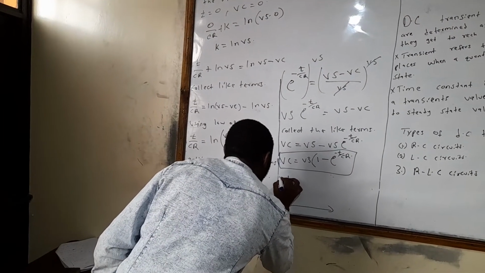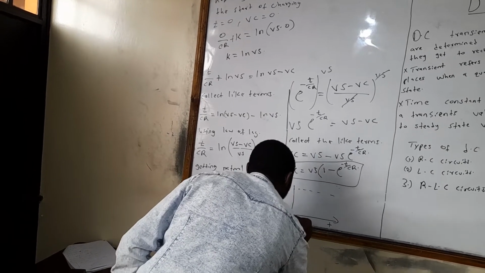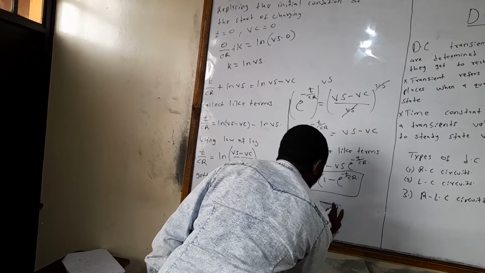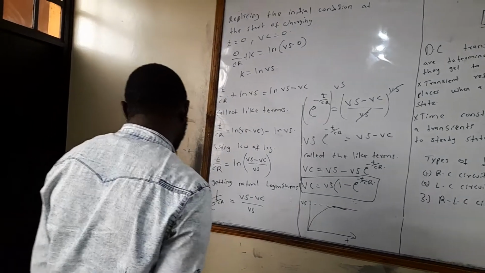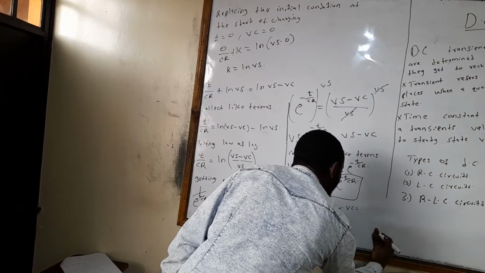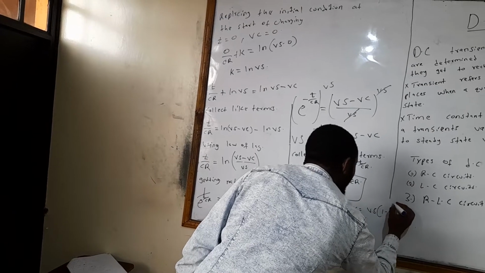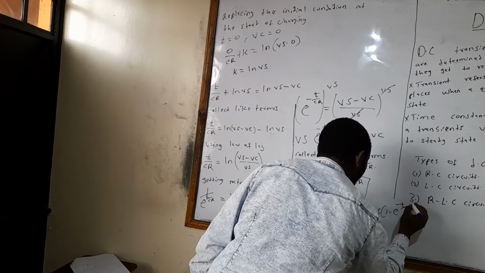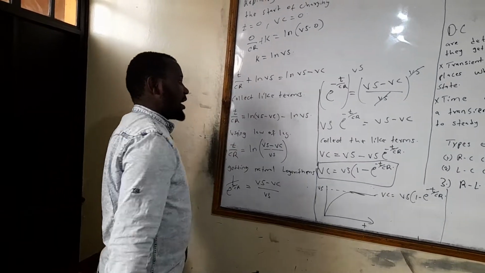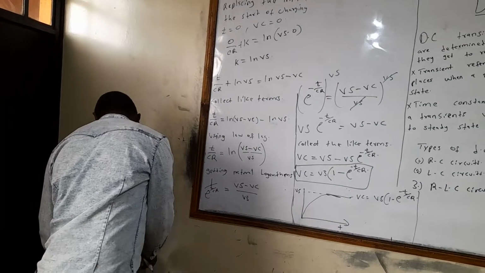Now at the maximum here we have Vs. We have time here, and the graph will look in this direction. When you sketch it, that will be our graph that says Vc is equal to Vs, 1 minus e negative T over Cr. Kindly take your time to see that.